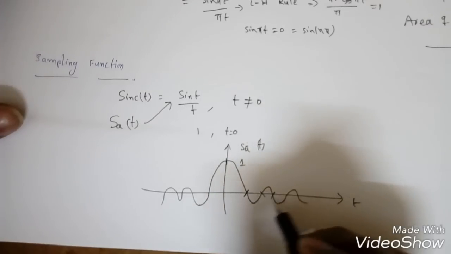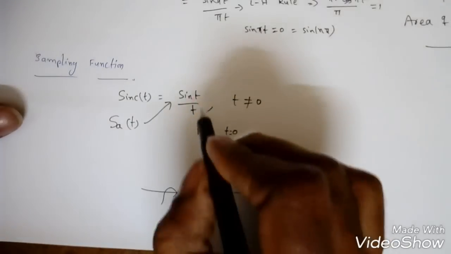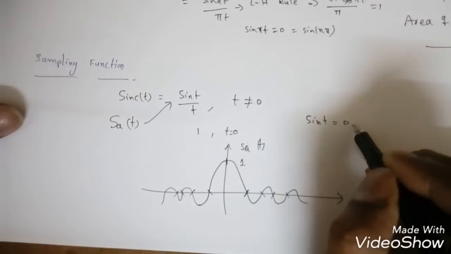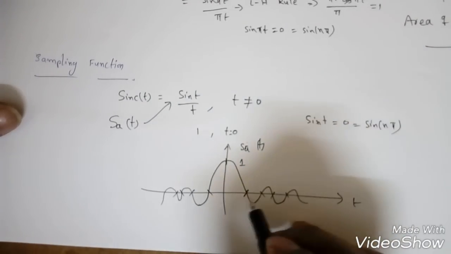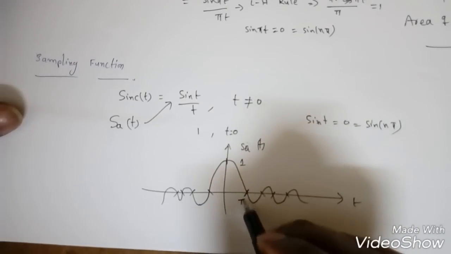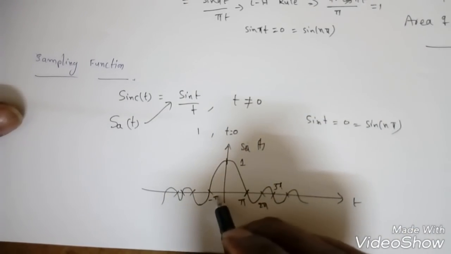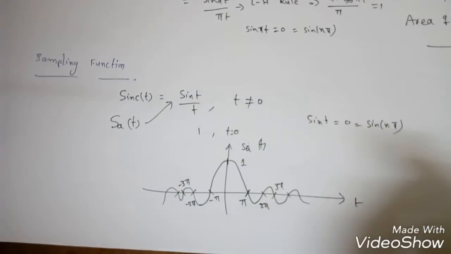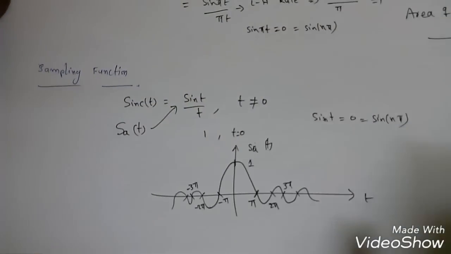But here the points where the sampling function will become 0 is, so sin t by t is equal to 0 or sin n pi, right? So when t equal to n, 1, so pi, 2 pi, 3 pi, etc., minus pi, minus 2 pi, minus 3 pi, etc. This is the sampling function, or other way of the sinc function, right?